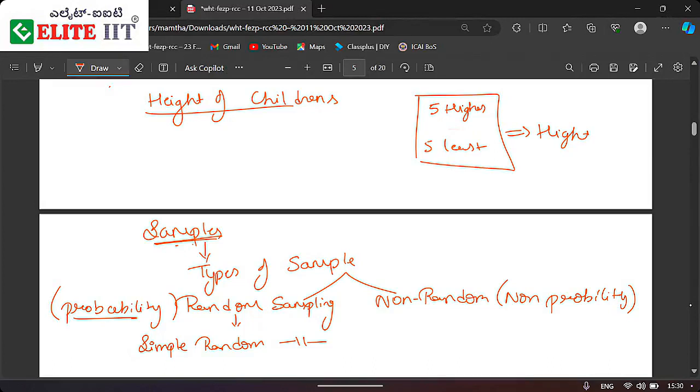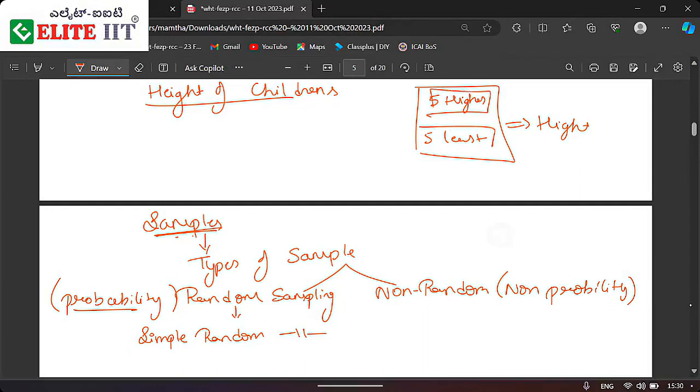In the first case, every single individual in the class has an equal opportunity to get selected as a sample. Now, only the top 5 and least 5 have an opportunity. No others get the opportunity. This is non-random sampling.